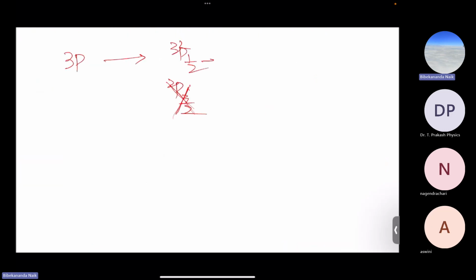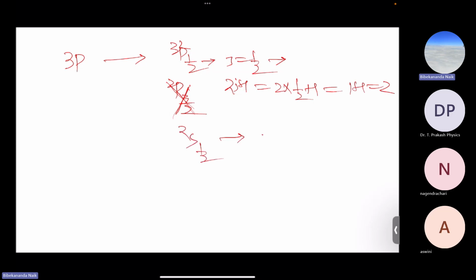Since J is half for P, the level will split into 2J plus 1, that is 2 into 1 by 2 plus 1, which is 2. Similarly, 2S half will again split into two levels because 2J plus 1 is 2.